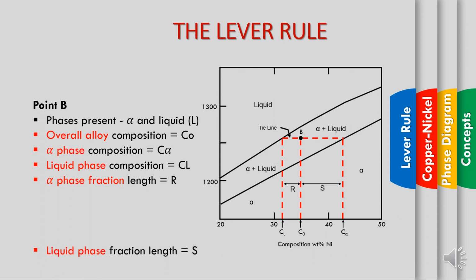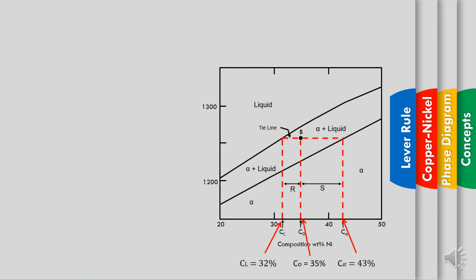Then we have R and the fraction S. Basically in the phase diagram, if given the x-axis values, we can make a projection to C alpha, CO, and Cl. In this case, let's say we have Cl 32%, CO 35%, C alpha 43%.